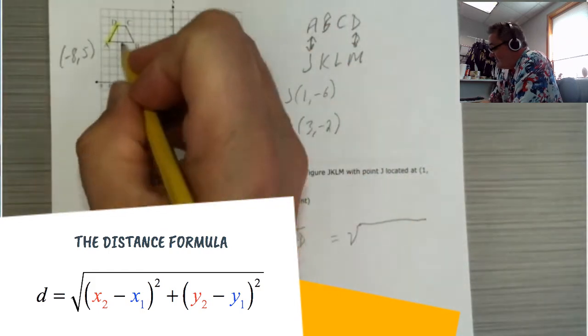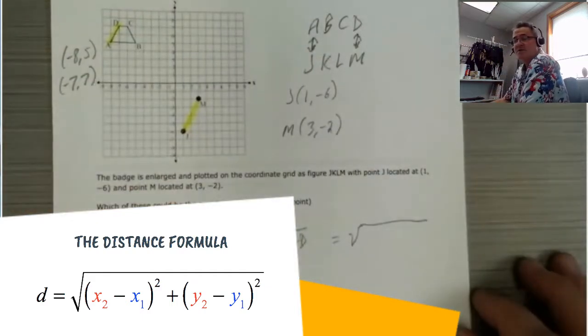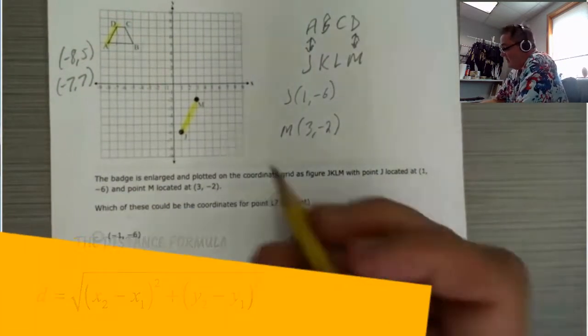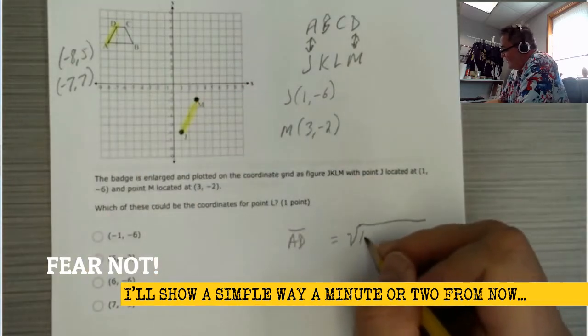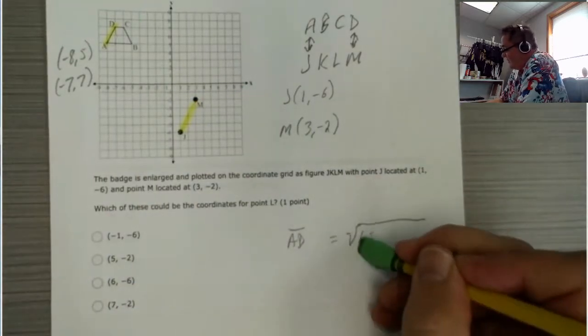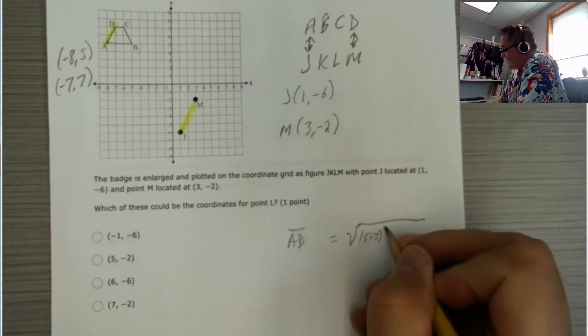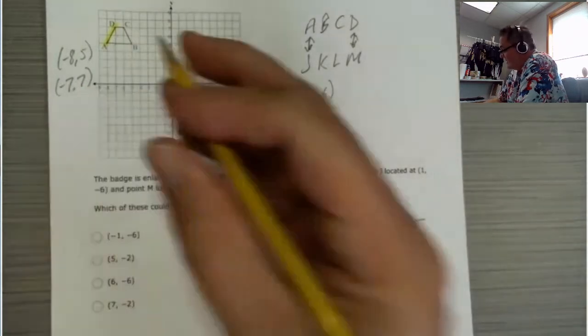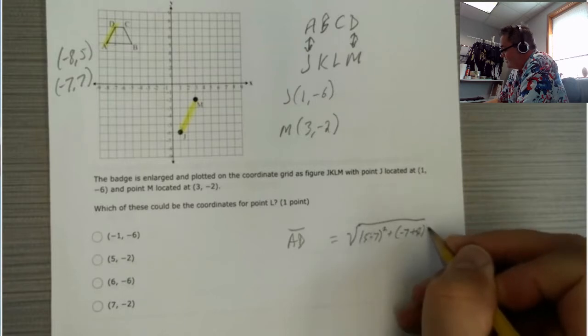And D is -7, 7. I'm doing this a little more complicated than it could be, just to go through some of these other things we need practice on. So let's do D minus A. So 5 minus 7 squared plus -7 minus a -8, which means plus 8 squared.